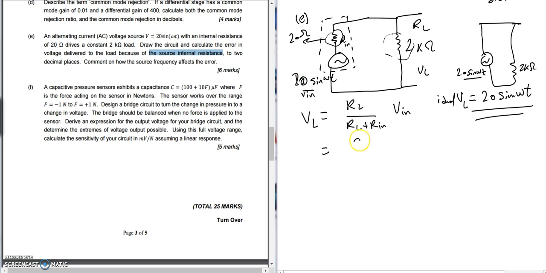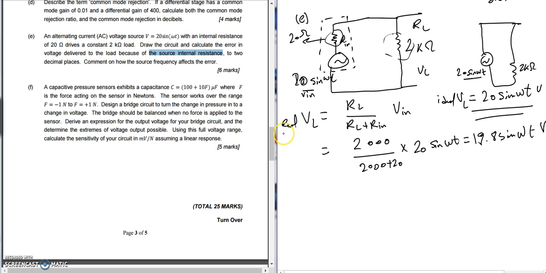Therefore it is 2000 over 2000 plus 20 multiplied by 20 sine omega t, which is 19.8 sine omega t volts. Okay, so this is the real or the actual.